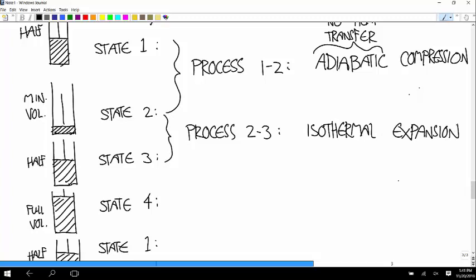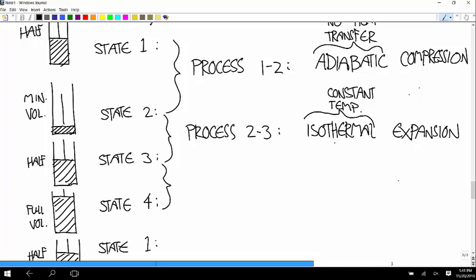Anyone remember what isothermal means? Constant temperature through this expansion. That isothermal expansion is now followed by an adiabatic expansion.